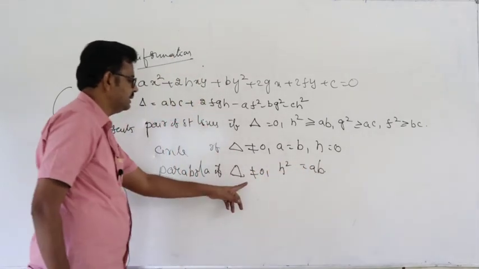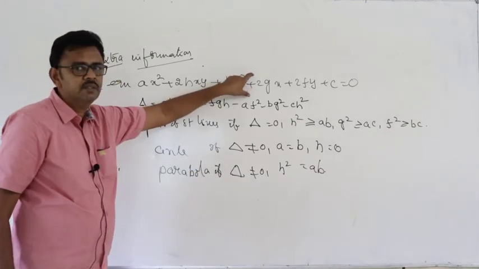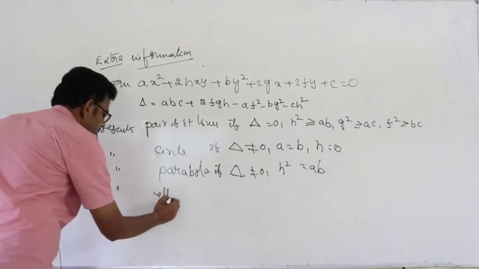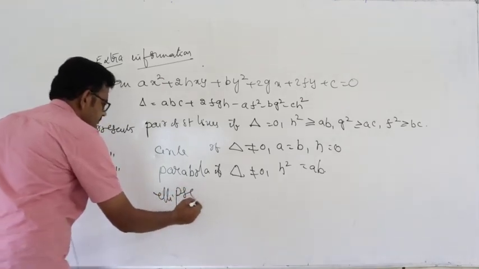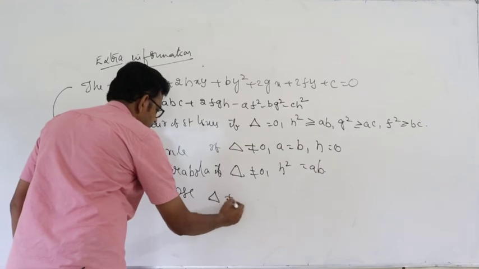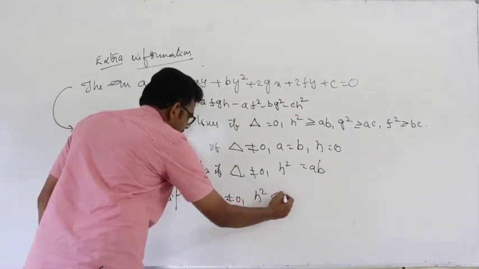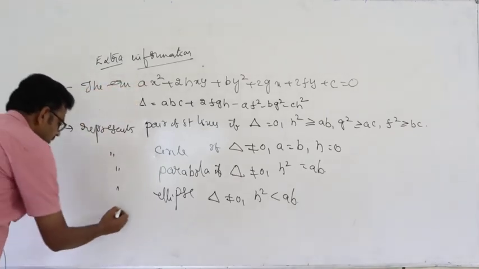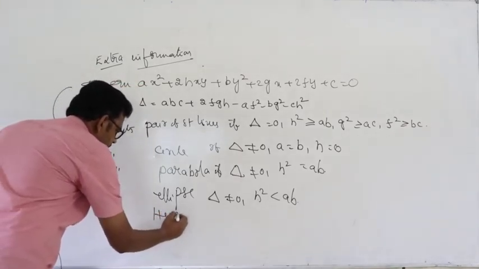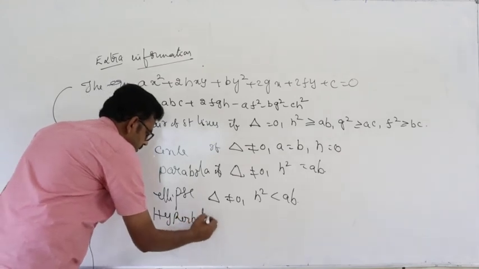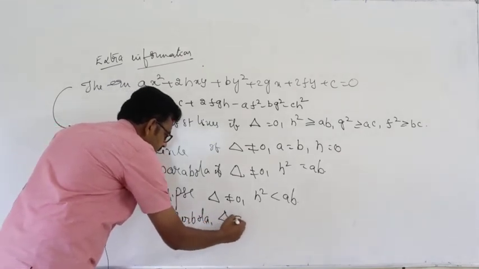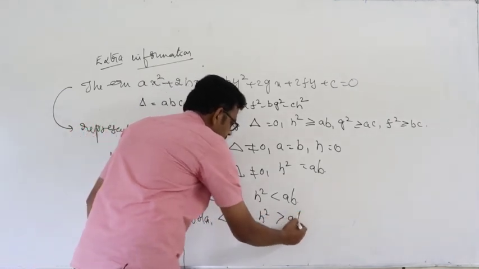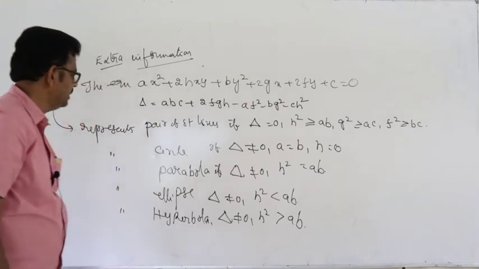Next, an ellipse: delta not equal to 0, h square less than ab. A hyperbola: delta not equal to 0, h square greater than ab.